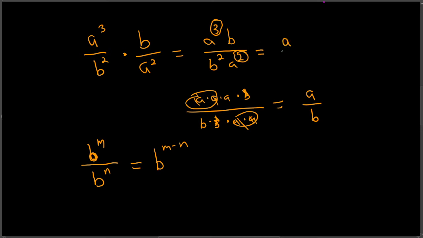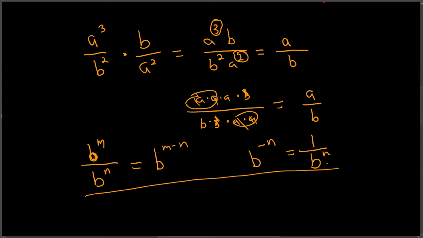So I get A to the first upstairs. Now I have B to the 1 and B to the 2. So if I subtract them, I get B to the minus 1. And this shows an interesting fact about negative exponents. Any base to a negative exponent is the same as 1 over the base to that exponent. So in this case, 1 minus 2 is negative 1, or that's the same as 1 over B to the first. And so this power rule will start popping up when we do divisions.